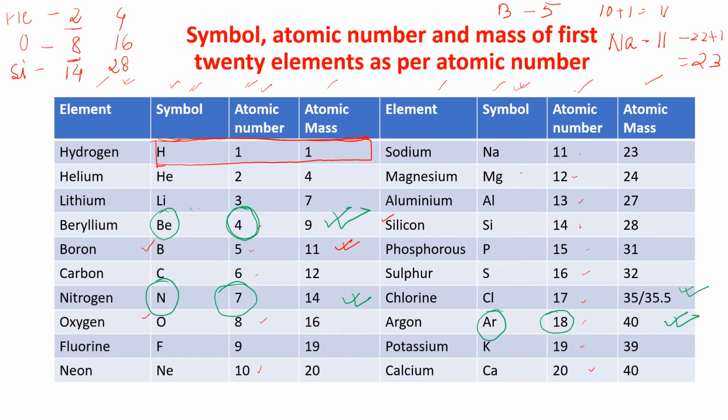Actually, the exact atomic mass of chlorine is 35.5, but 35 also we are writing sometimes. If you write 35.5, it is better. So this table is a very important table. You have to learn atomic number, atomic mass, symbol, all these things.